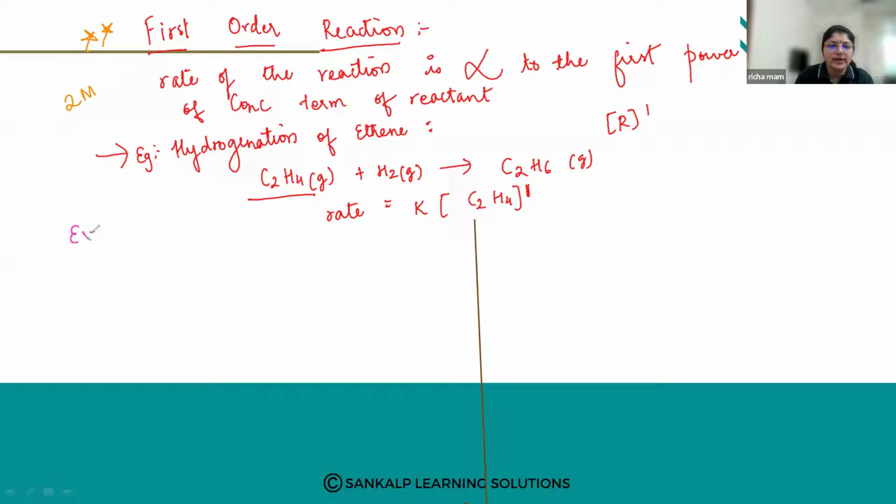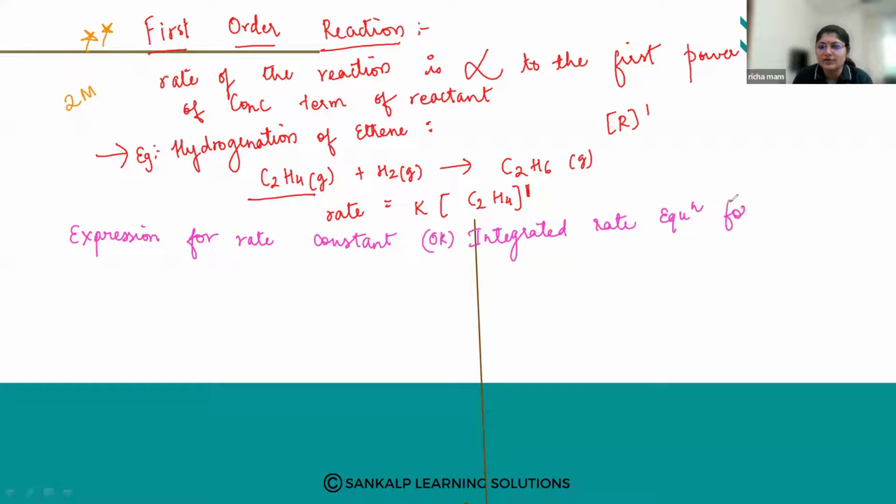Let me write here: expression for rate constant, or it is called the integrated rate equation for first order reaction. I am writing shortcuts, but please don't write shortcuts. Write the equation completely and the reaction completely. Don't use shortcuts in your paper.